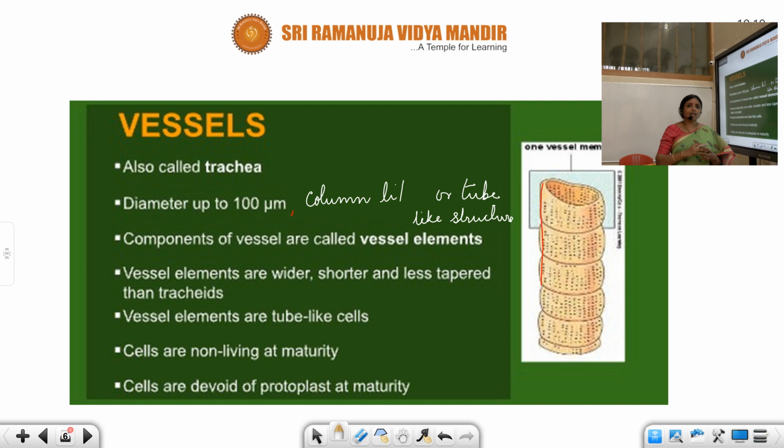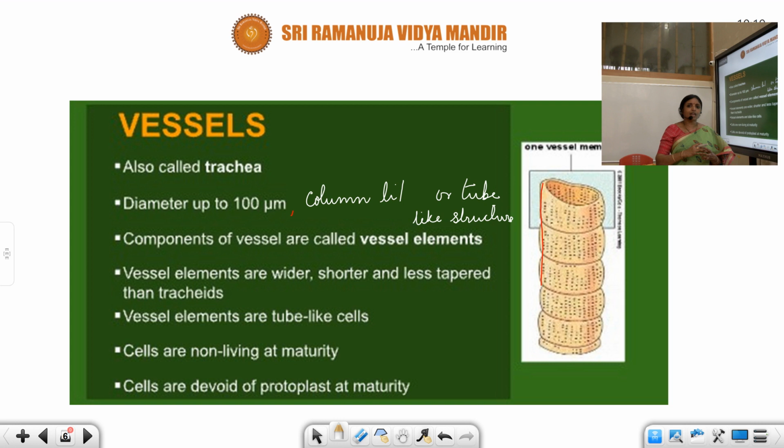Suppose this is one column, and this is a perforation, and again this is one column, tube-like, having a perforation. All these walls are without septa, and through the perforation water flows in the upward direction. So vessels are broader, longer, with more perforation, and can easily supply water.